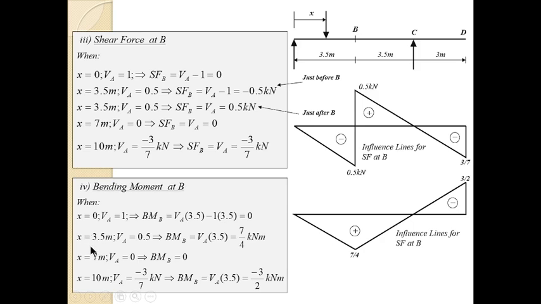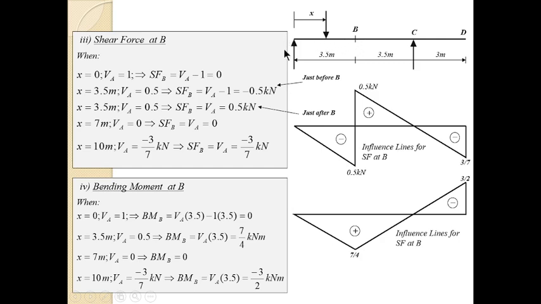So next is when x equals 3.5. Remember when x equals 3.5, VA was 0.5 from our calculation. That means this 1 kilonewton force will be directly on top of B. And when it is directly on top of B, the moment at point B will be 0 because the perpendicular distance is 0.